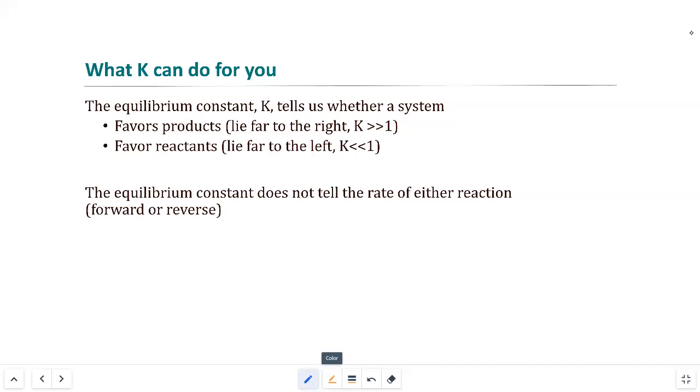It's concerned about when those rates are equal to each other, where is the reaction system? Again, kinetics and equilibrium are looking at the same reaction system at 2 very different times. Kinetics focuses on the initial condition. Equilibrium focuses on the end condition.